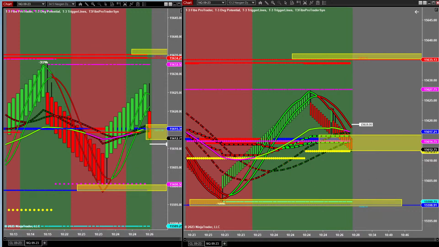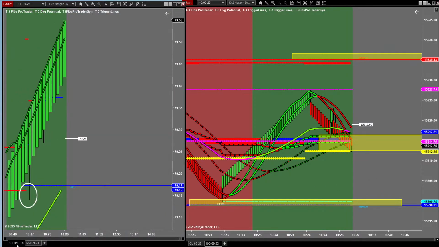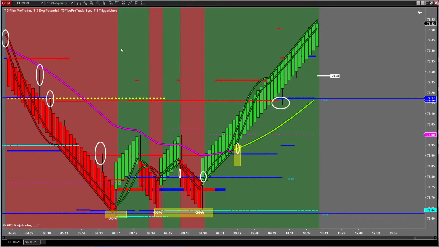Why no large triggers? You're talking about on crude oil? Because I wanted to show you the simplicity of just one trigger. If the small triggers are going up, you either have to take long trades or nothing, Gary. Or Paul. Sorry, whoever.